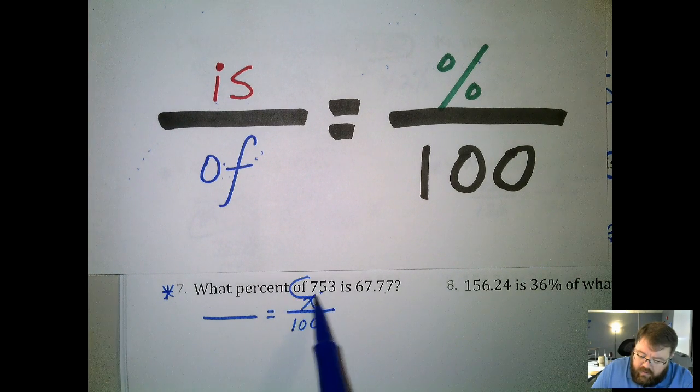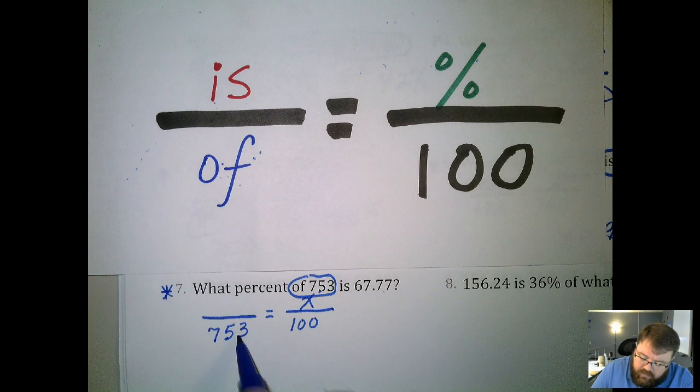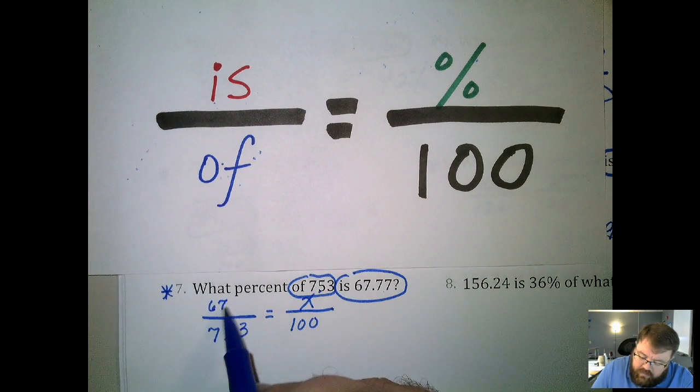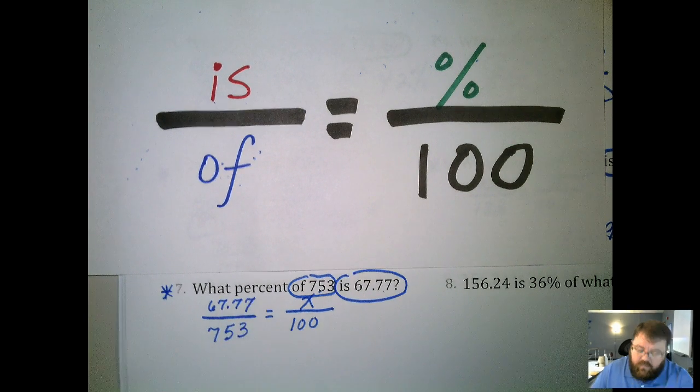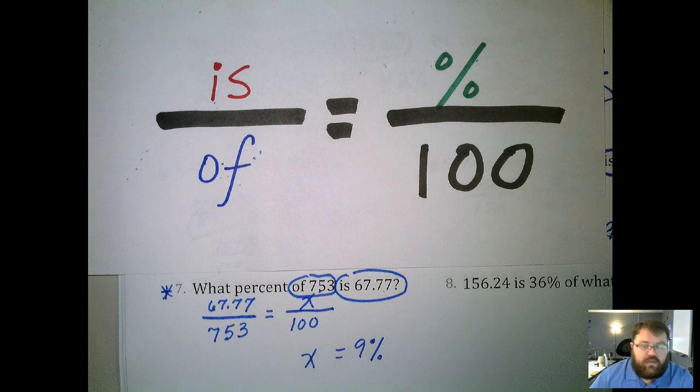Next, you saw "of" and knew that it needed to go in the denominator, so you put 753, and "is" 67.77. Hopefully you set it up this way. Now, from here, you did your cross products and divided, and you should have gotten x is equal to 9%.